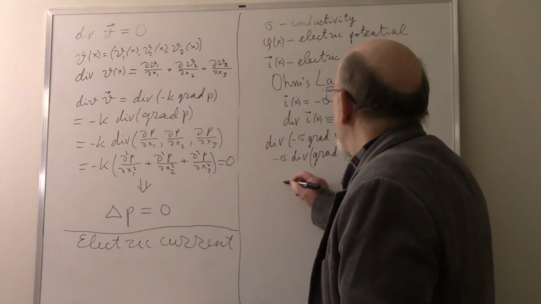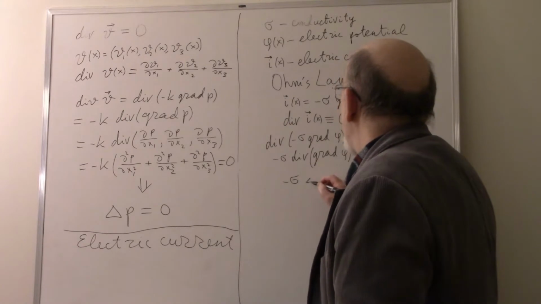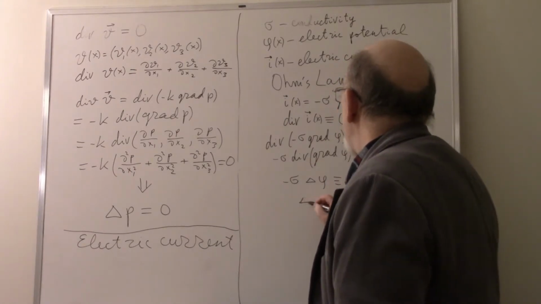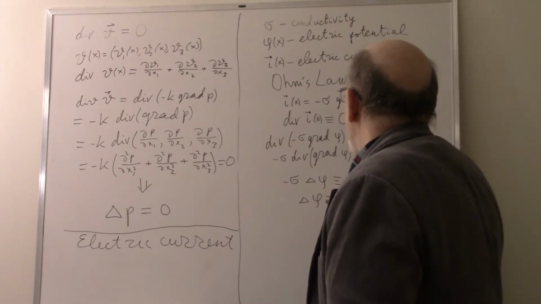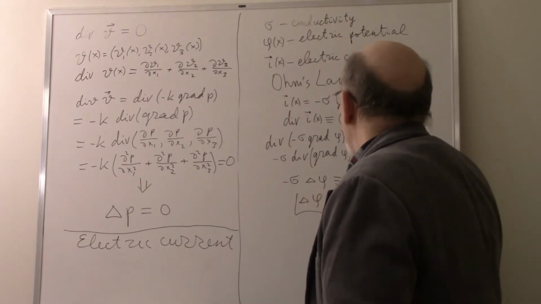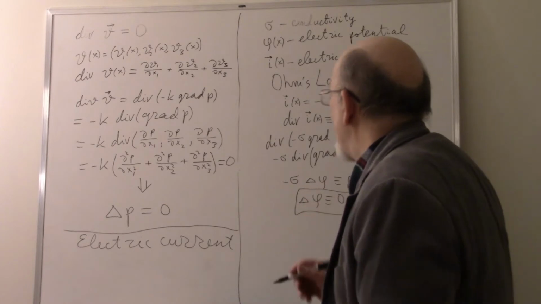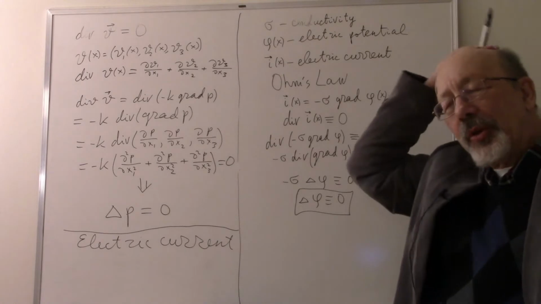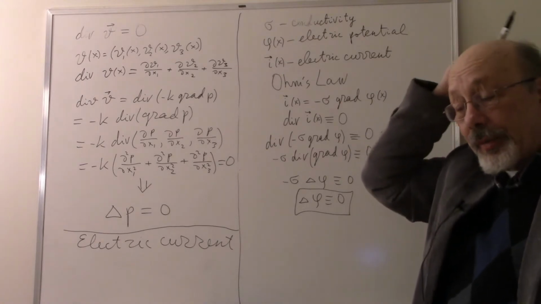So minus sigma Laplacian phi is 0. So Laplacian phi is 0. So here in this problem of electric current distribution, or what is the same, electric potential distribution, we have the same equation.